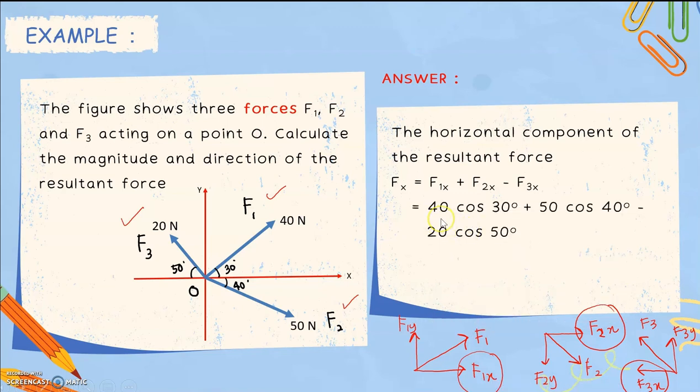Then F1x equals 40 cos 30, F2x equals 50 cos 40, and minus F3x, which is 20 cos 50. So we get the answer for the x component: 60.08 Newton.